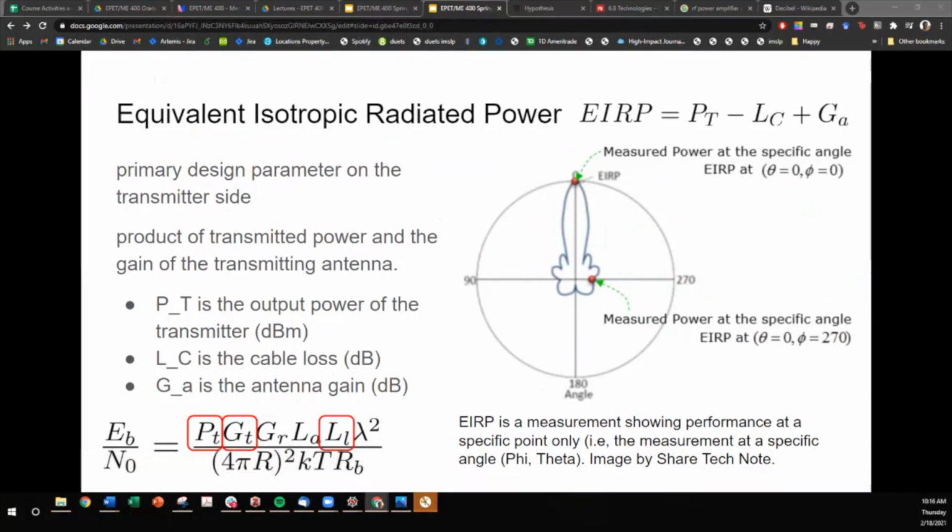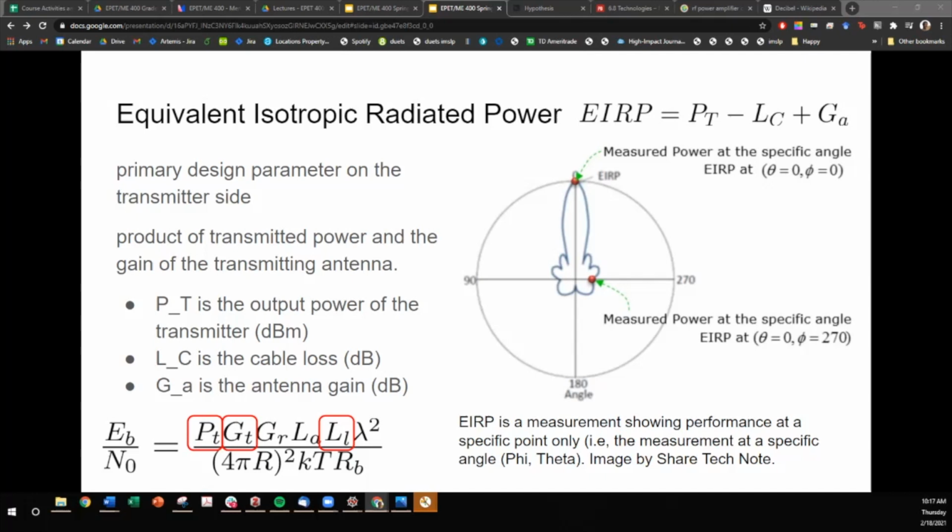Okay, so there's a concept called equivalent isotropic radiated power. It is a primary design parameter on the transmitter side. So again, you see this gain pattern. This value is calculated by the output power of the transmitter minus the cable loss plus the antenna gain.